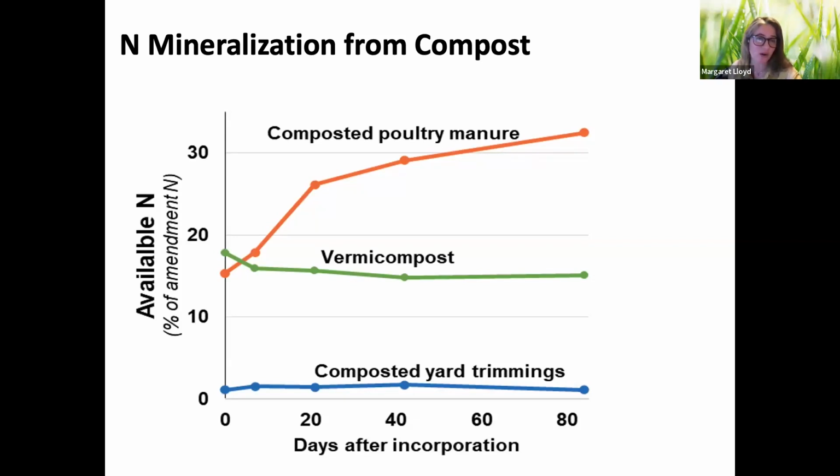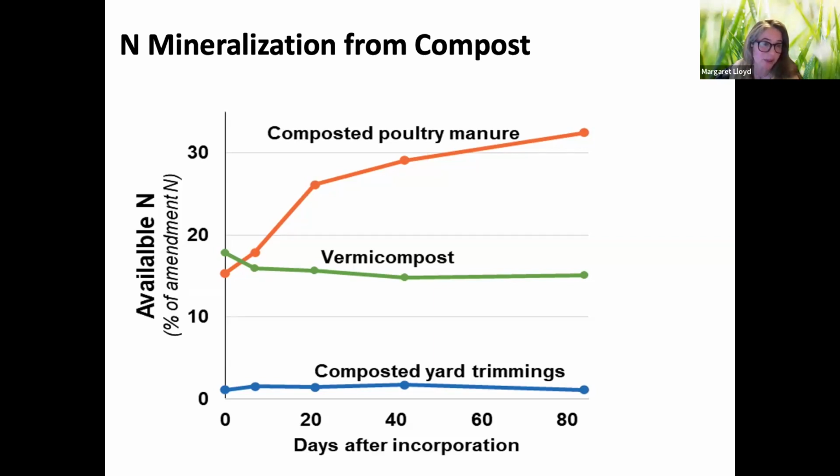So when we look at the orange line, which represents composted poultry manure, what you'll notice is at time 0, it's already at about 15% availability. So that's showing that immediately there is some nitrate available in composted poultry manure. As soon as you add it, there's some available nitrogen, and then over time you get some release.